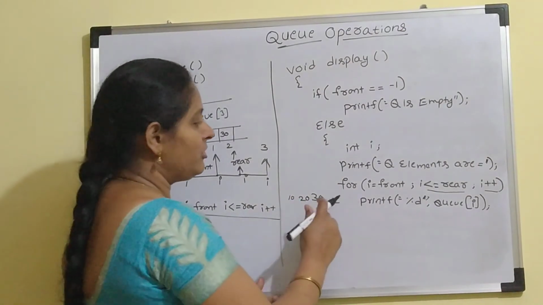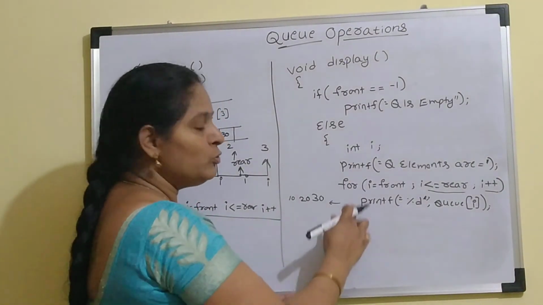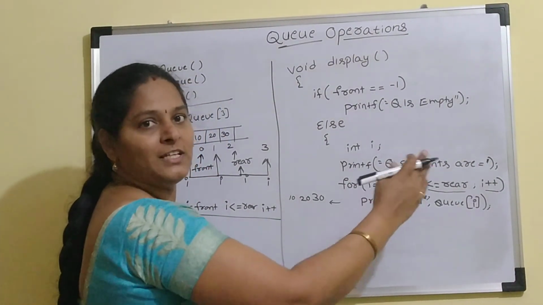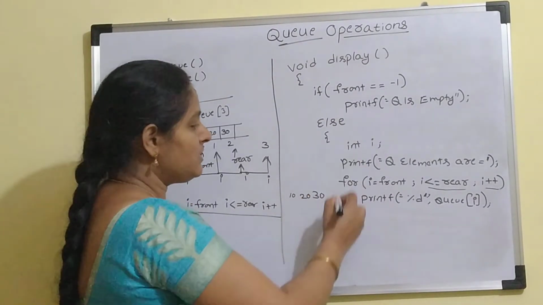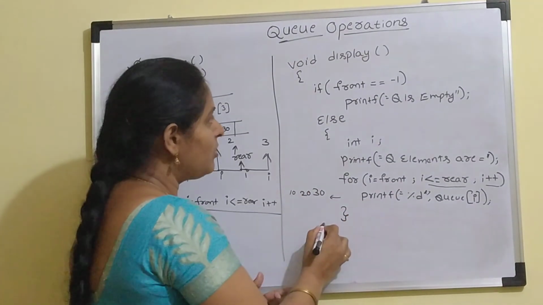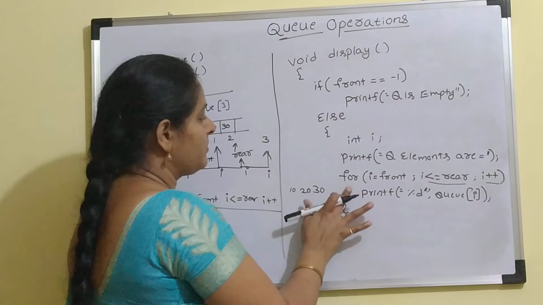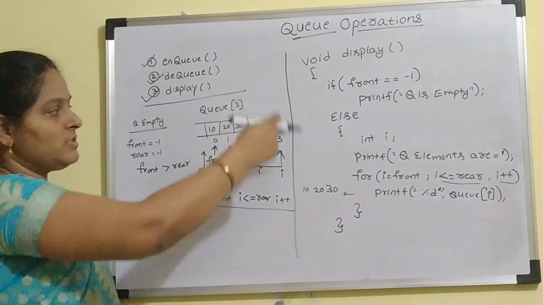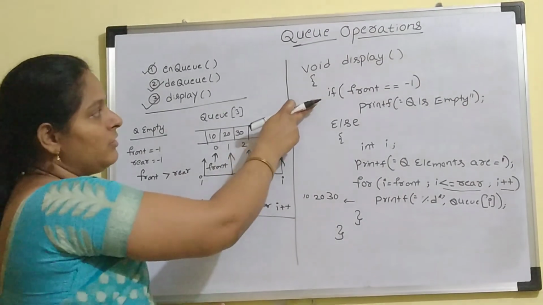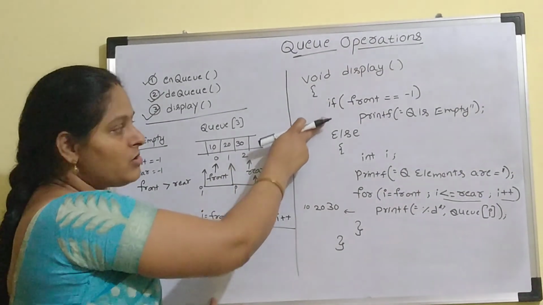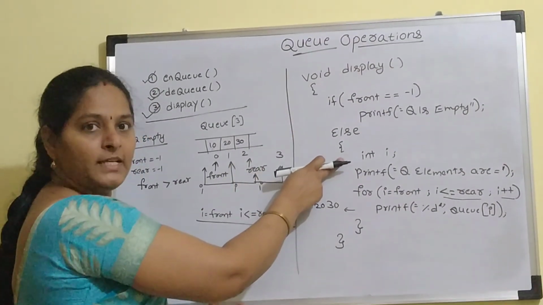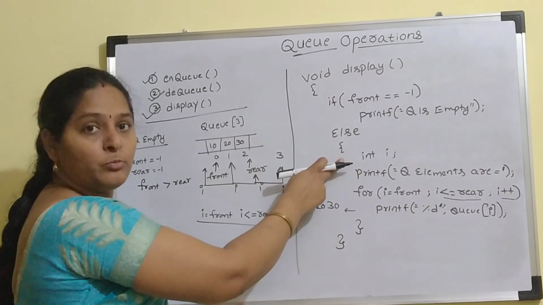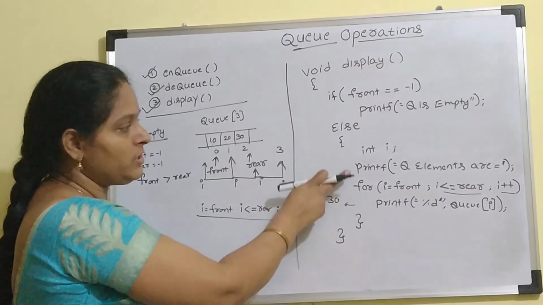So this is the loop statement for printing all the elements of the queue. Once this is done, close the else block and close the display function. So this is the display function. First check whether the queue is empty or not. If the queue is not empty, take one pointer I for moving from the first position to the last position.